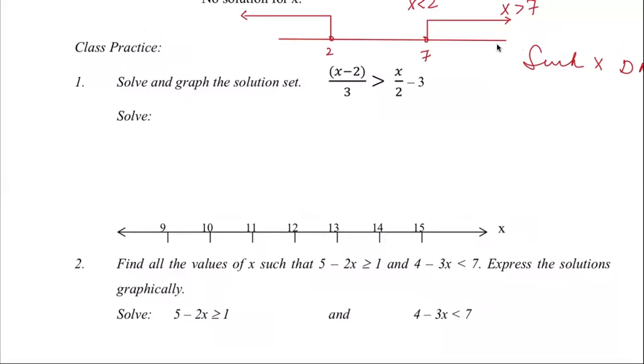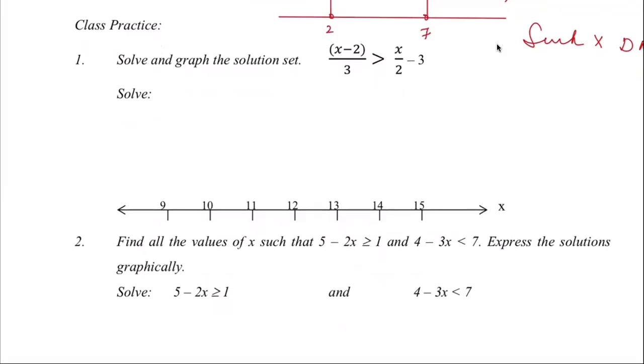Most of the properties still hold for inequalities. The only thing we need to remember is to change the sign when we multiply or divide both sides of the inequality by a negative number. Otherwise, all the rules are the same. So let's see what it means.